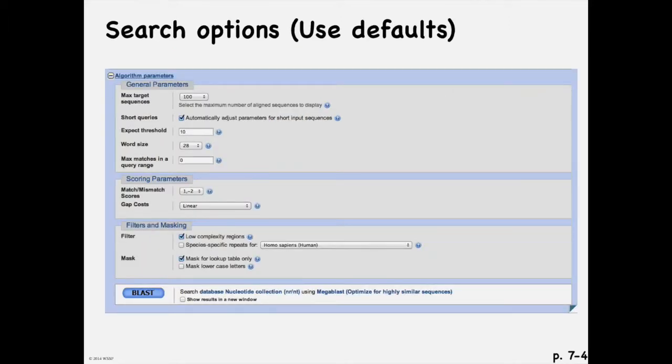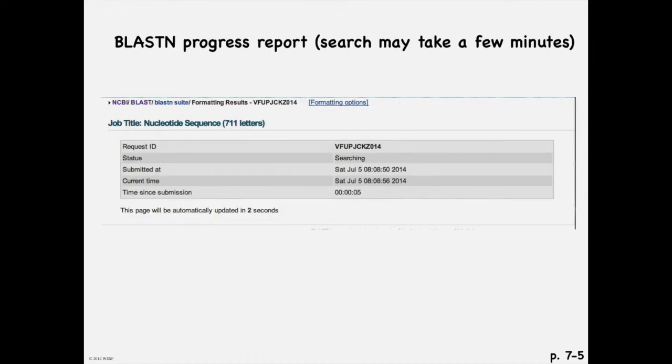Your search options, again, are parameters that we're going to use the default. As the BLASTN progress report goes through, it may take a few minutes to search through the entire database.